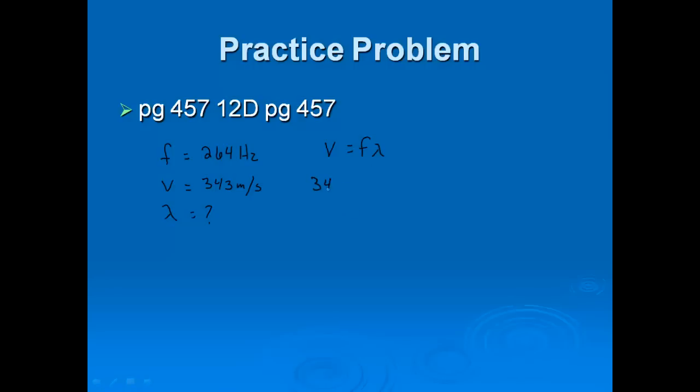I have 343 meters per second is equal to 264 hertz times my wavelength. If I solve for my wavelength, I end up with 1.30 meters. So again, knowing what the variable is for each of the amounts given is really going to help you know where to put in your numbers.